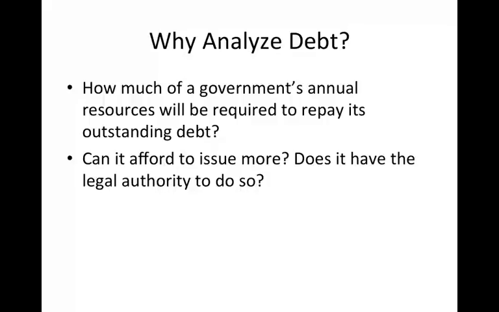You also need to know, are they actually allowed to sell that debt under state laws and state regulations? Are they required to get somebody's approval, the citizens, a debt issuance board at the state level? That's an important thing to know. You need to see capacity and authority, or ability, together.